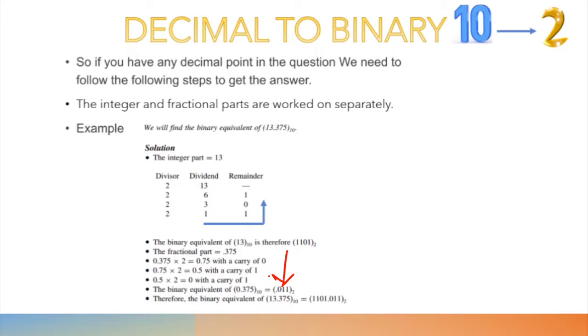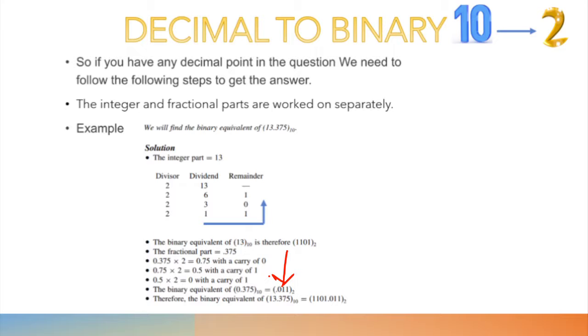So as said earlier, we need to successively multiply the fractional part of the decimal number by 2 and record the carry until the result of the multiplication is 0. So here the fractional part is 0.375. We multiply it by 2 and record the carry until the result of multiplication is 0. And we write the carry sequence in forward order, that is from top to bottom.